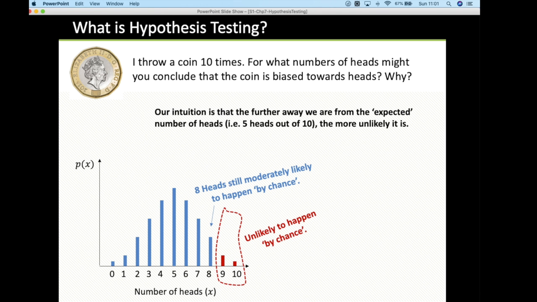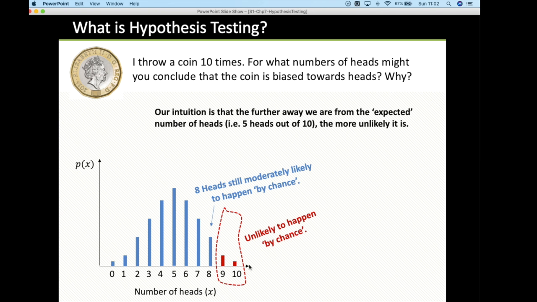But we know that doesn't actually always happen. We could get 6 heads, we could get 4 heads, we could get 3 heads if we flick it 10 times. But the question we're asking here is, how many heads would I have to get for me to say that the probability is so small that the coin must be biased?